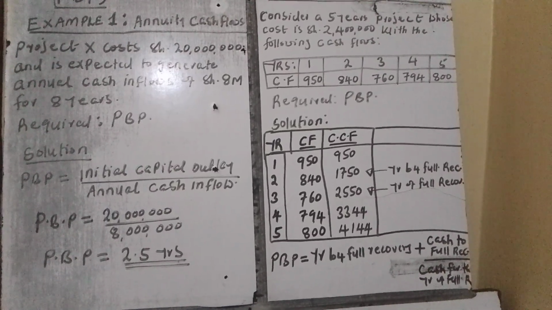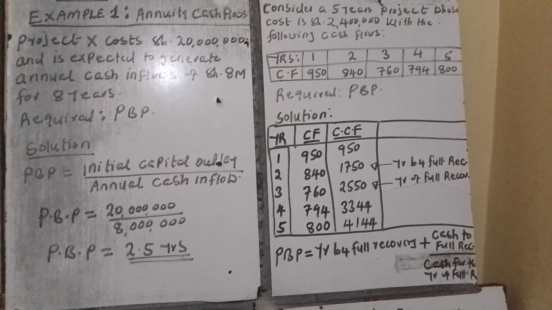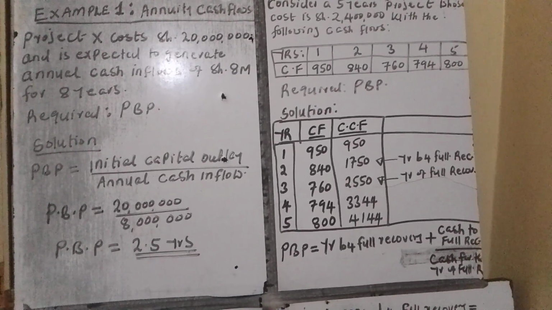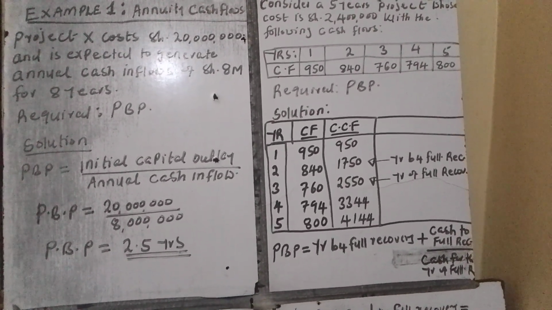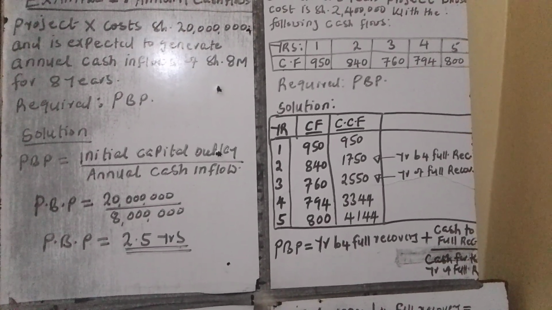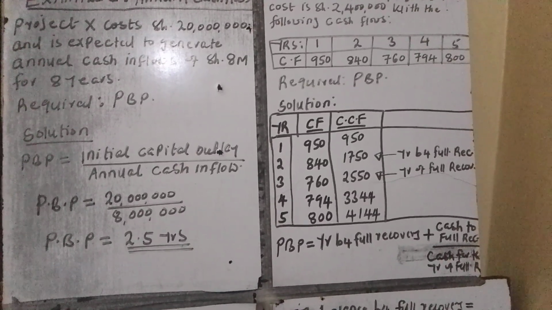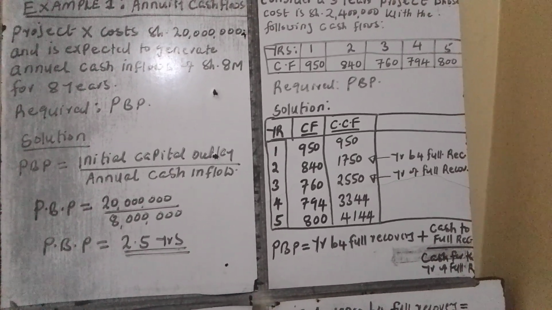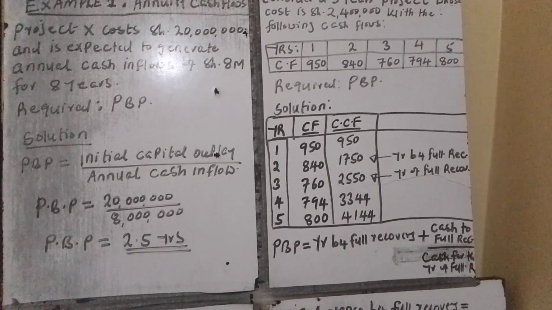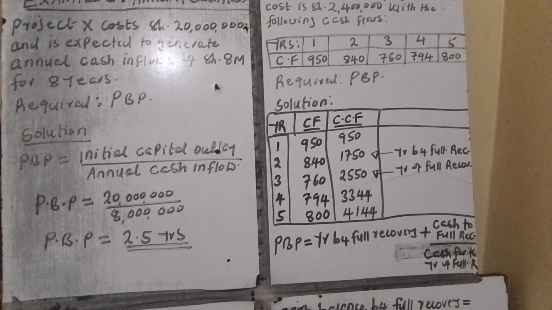So in the first year, there will be a cash inflow of 8 million. The second year, another 8 million, so that becomes 16 million. If you started with 20 million, there is 4 million remaining to make it 20 million. So for 0.5 of the year, you generate the 4 million.